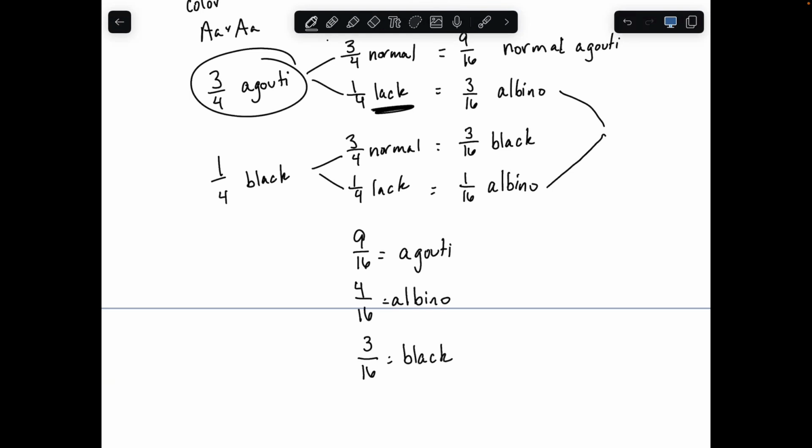So this is a type of recessive epistasis, but you see it now gives me a different ratio. And of course, again, I don't expect you to remember the ratios off the top of your head, but to be able to do a problem like this will be really important.